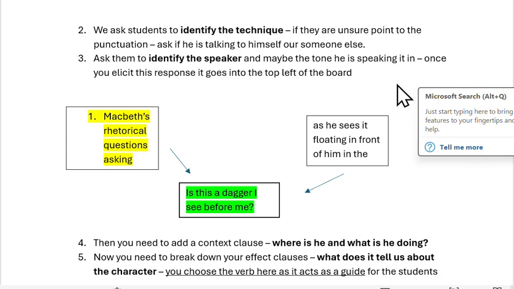I always go contextual clause top right. And then we have, as he sees it floating in front of him. Or as he sees it floating in the darkened hallways of the castle, or as he sees it, guiding him towards King Duncan's room. Whatever the contextual clause is, it's important that that's included in your sentence. So you want a comma after the textual example, and you want a comma again after the contextual clause.